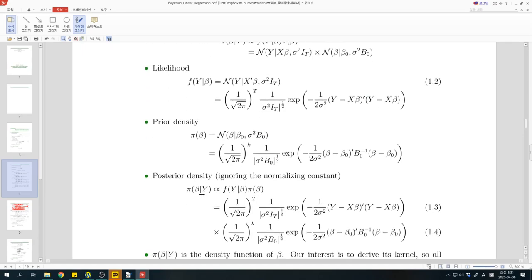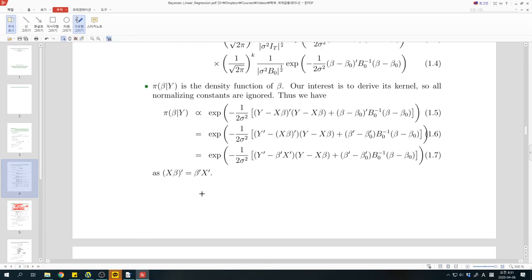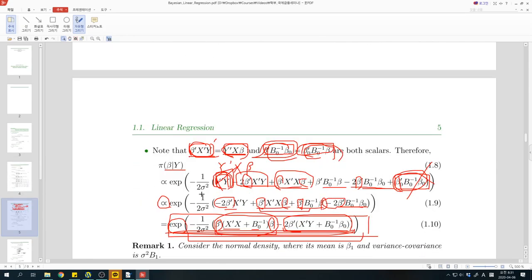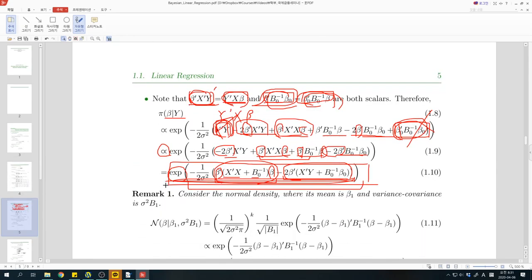So now you see that this is a kernel of a normal density. So that means beta given y follows a normal distribution. Finally we figure out the kind of distribution of beta, right?